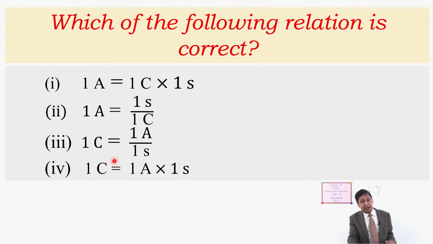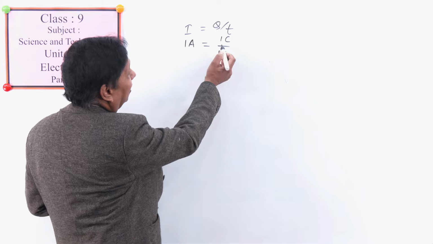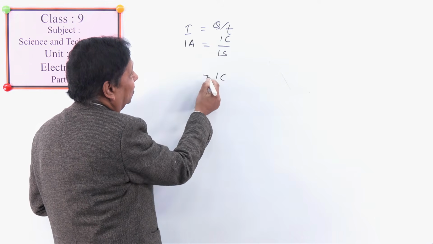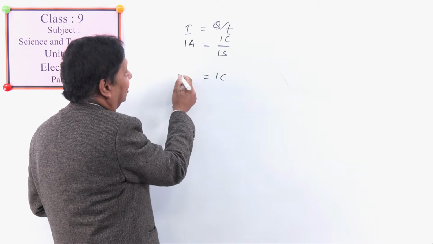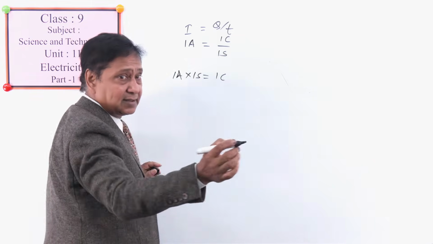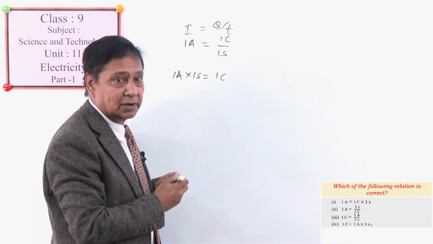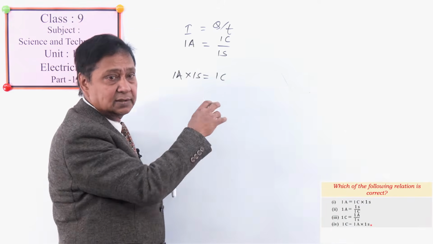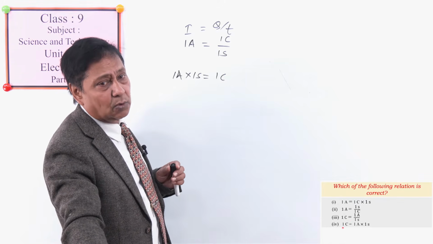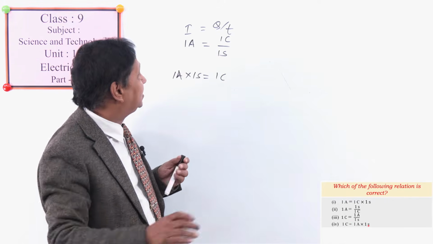Now third, 1 coulomb equal to 1 ampere upon 1 second. If coulomb is taken to one side, then 1 coulomb is equal to 1 ampere multiplied by 1 second. Is it like this? No. 1 coulomb equal to 1 ampere by 1 second is also not correct. Now last one, 1 coulomb equal to 1 ampere into 1 second.